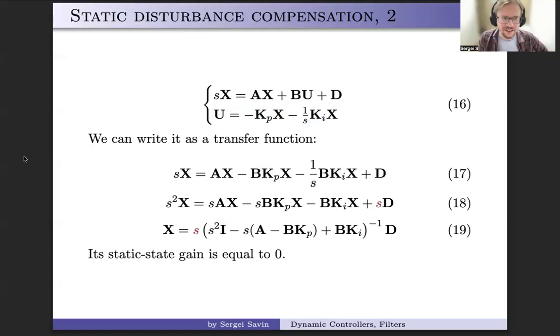Next, we multiply everything by S to get rid of this guy. So we get S squared X equals S A X minus S B KP X, and minus here we get nothing because S over S cancelled. And finally, plus D times S here.